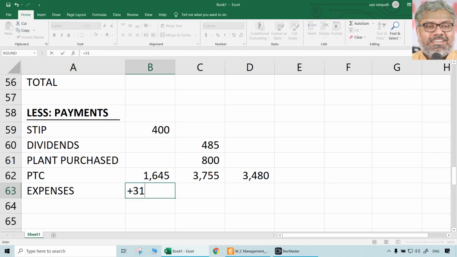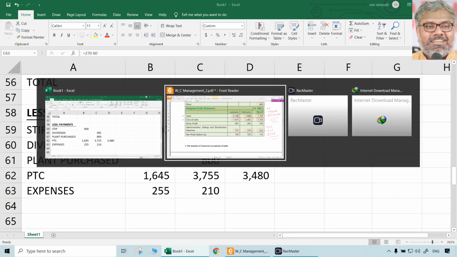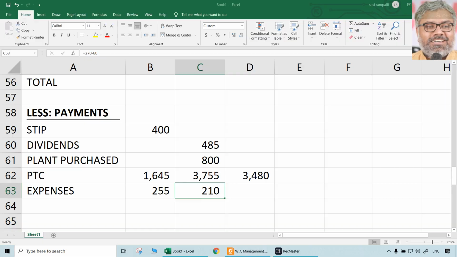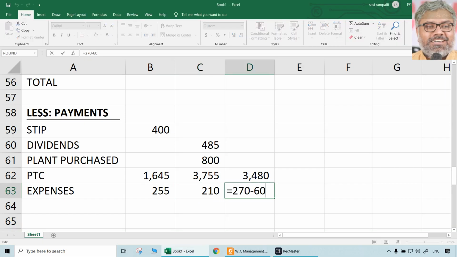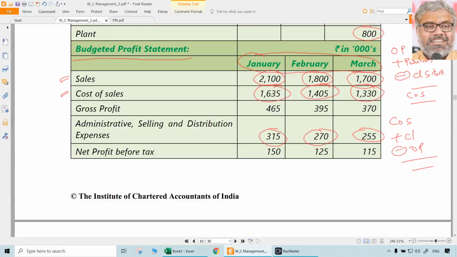How much will that be each month? 315 minus 60, 255. 270 minus 60, 210, then 255 minus 60, 195.